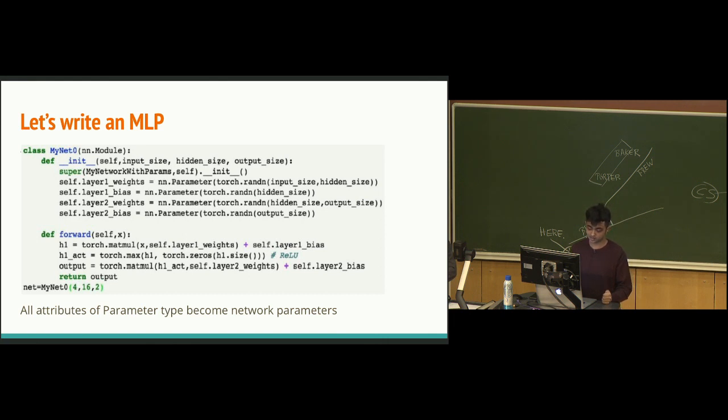So first we compute the linear combination for the first layer, and then we would apply the activation function for that. So here the first line is basically a matrix multiplication between x and the layer 1 weights.